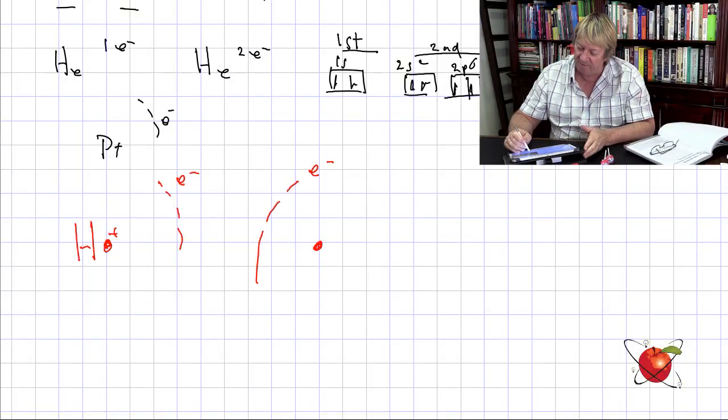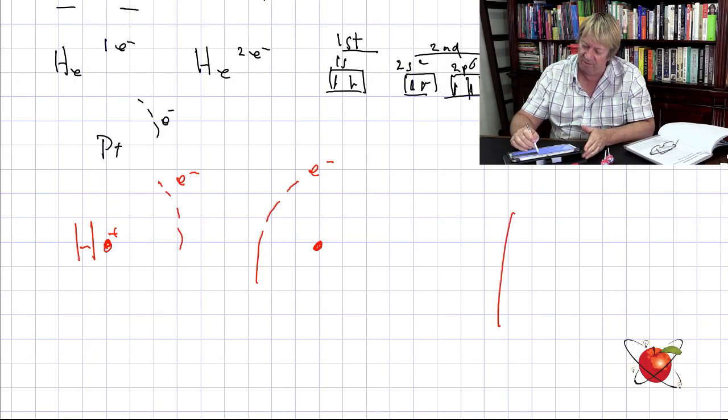Now, what we've got is we've got two independent hydrogen atoms over here, right? It's got its proton, it's got its electron, it's got its proton, it's got its electron. Let's bring them closer together, right? What is going to happen? The electrostatic forces are now starting to, we'd rather just use a different color for this one.